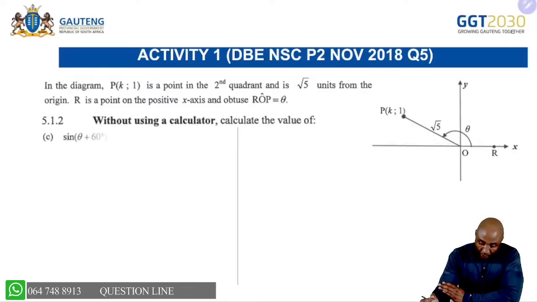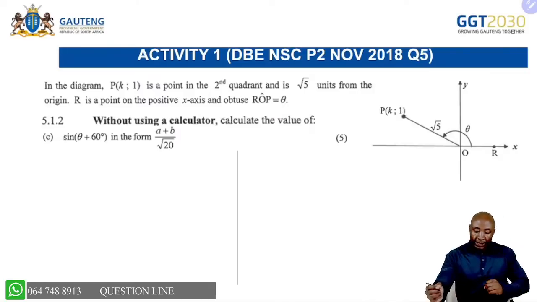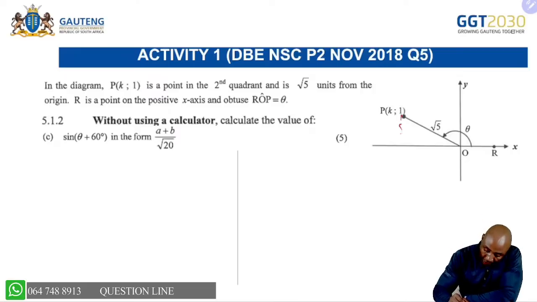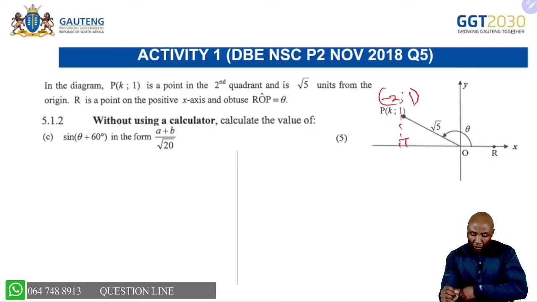Without using a calculator, we are supposed to solve for C in that form. Remember, like I said, whatever you get in scaffolding, you are using it to find the next solution. Remember, we said our k is negative 2, so the coordinates there are negative 2 and 1.